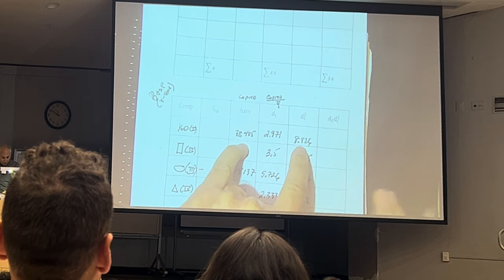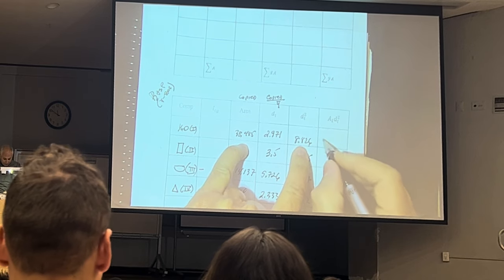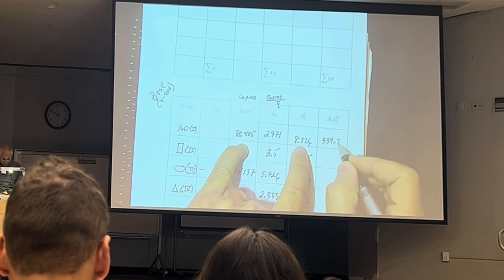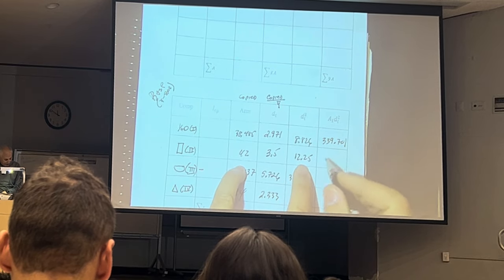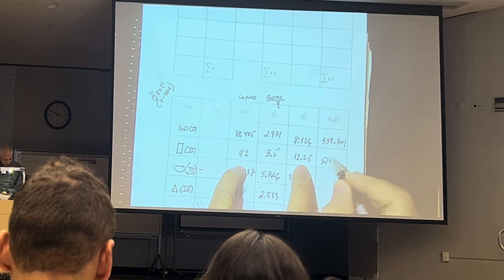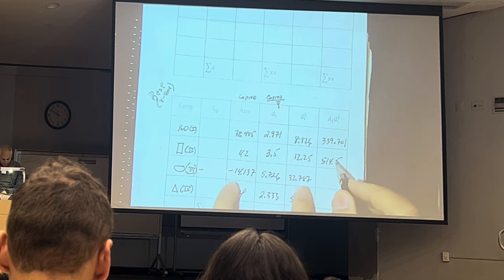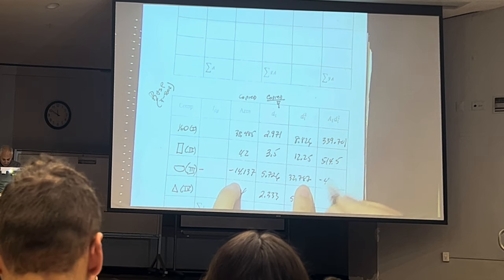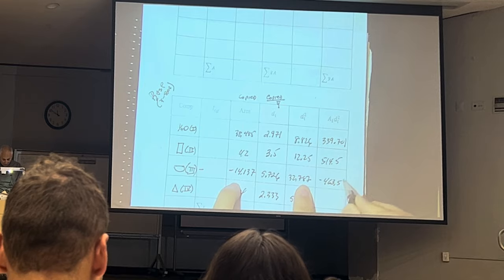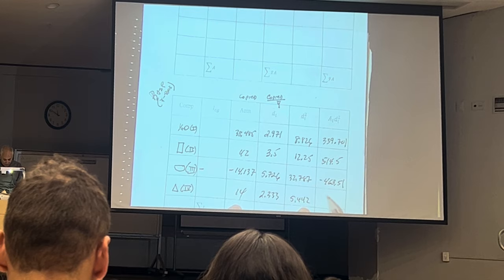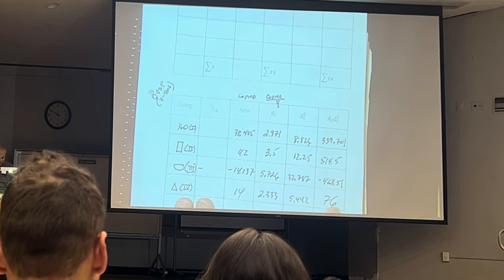Now I'm going to multiply those two numbers together to get 339.701. These two numbers together get 514.5. These two numbers give minus 463.51. These two numbers together get 76.